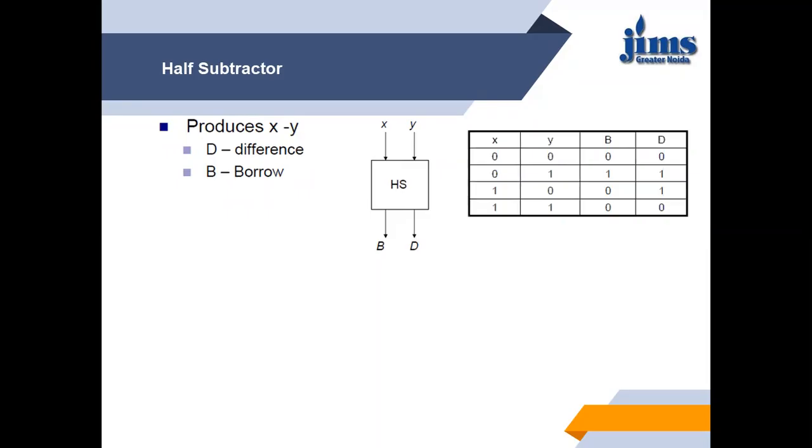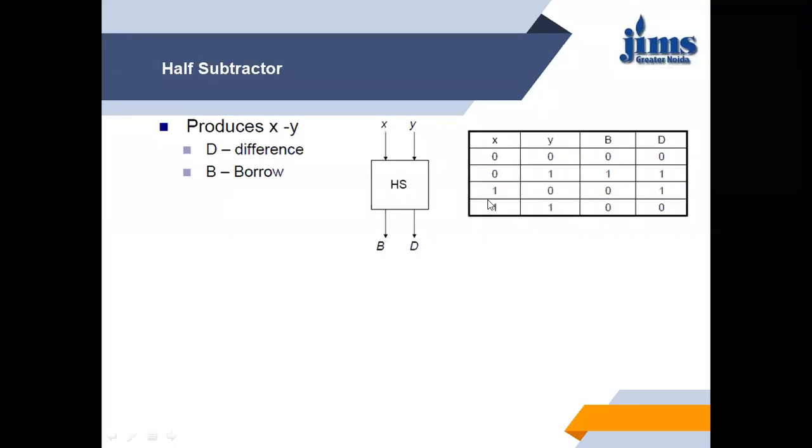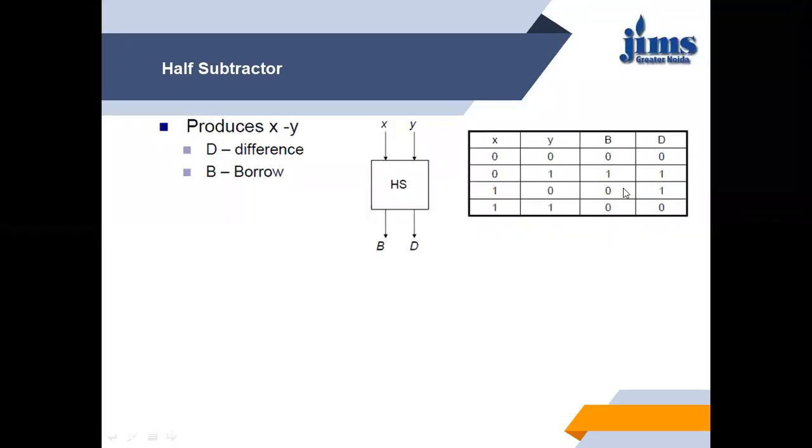For the first case, when we subtract 0 minus 0, the difference is 0 and we need not take any borrow. I left the second row for simplicity. I come to when we are subtracting 1 minus 0, then the difference will be 1 and borrow will be 0. Again, when we are subtracting 1 minus 1, there is no borrow and 1 minus 1 is 0.